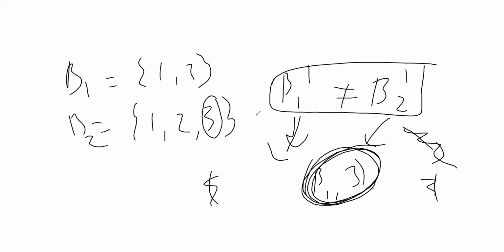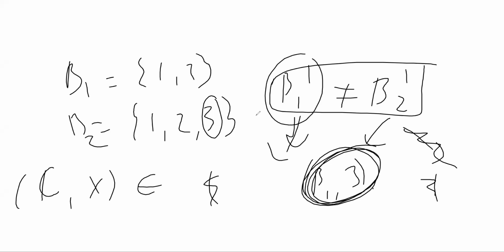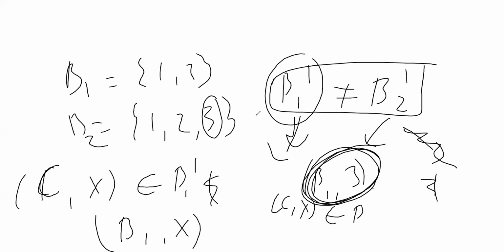least one common element, say CX is their common element. But then for this element, because it's in the B1 prime, it should be B1X. And because CX is in B2 prime, let me erase everything.